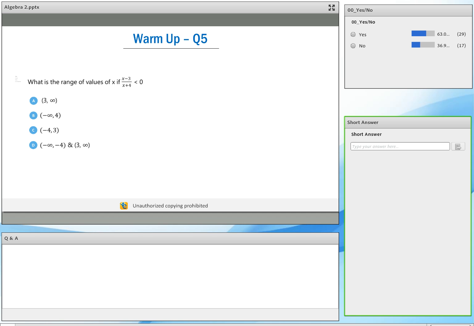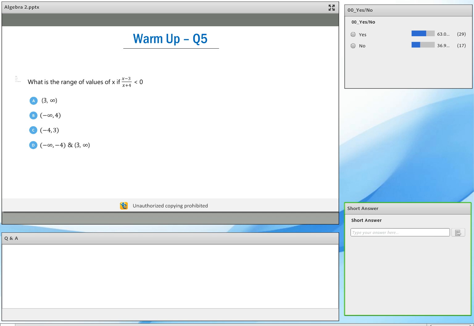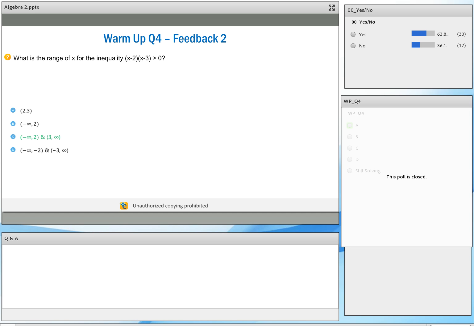All right, so let's talk about question number 4 here. What's the range of x for the inequality (x minus 2) times (x minus 3) is greater than 0? Now this is a quadratic inequality. 66% of the class got the question correct.